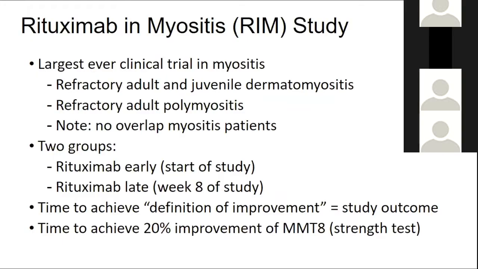So there was a group of patients who started Rituximab right at the beginning of the study. And then there were a group of patients whose disease activity was monitored for 8 weeks without Rituximab, and then they started Rituximab later. And the way this study decided if patients got better is they made a definition of improvement that included things like improvement of patient's strength.